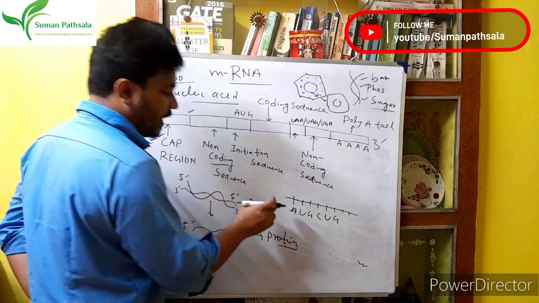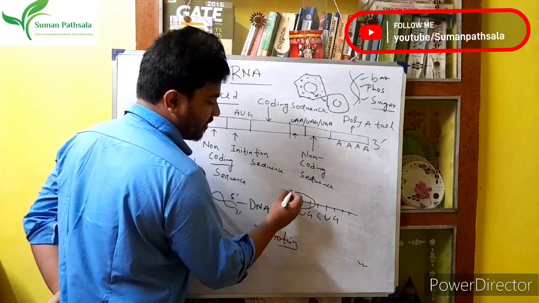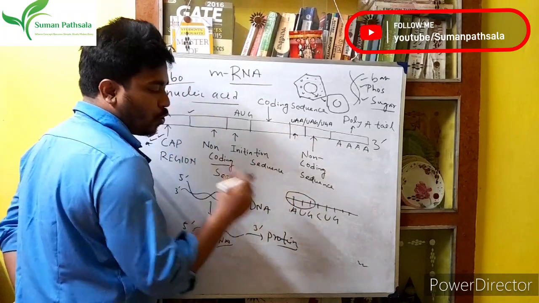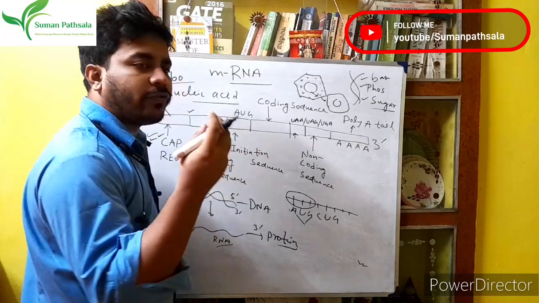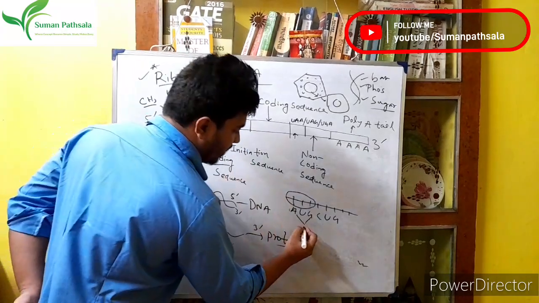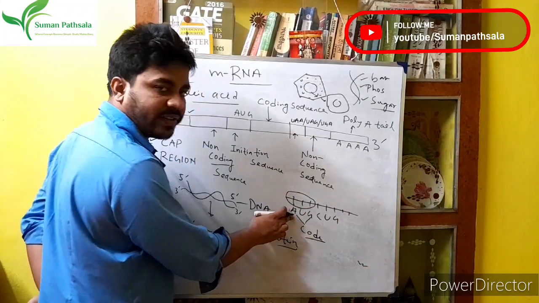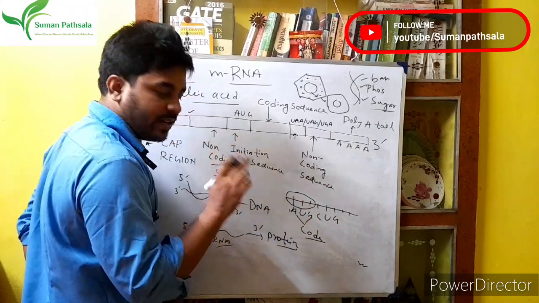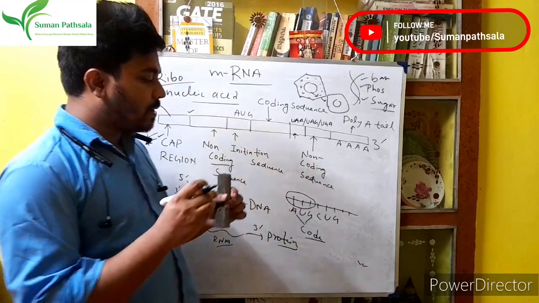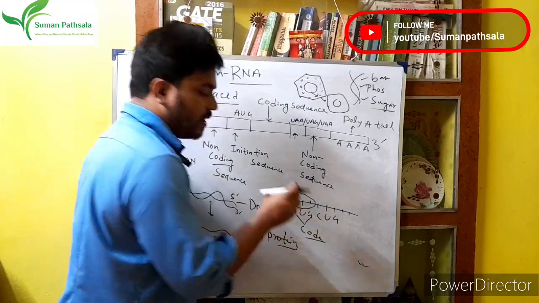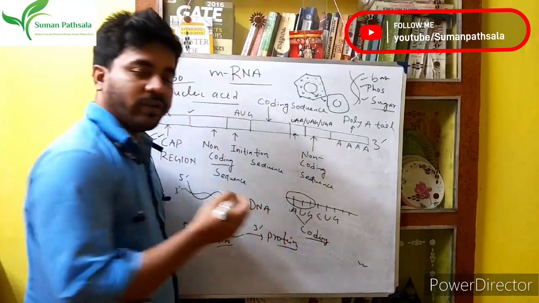Here, suppose these are three bases. So three bases consist to form a character, and that's why it is called a code, or coding sequence. This is one type of sequence, right? So here three nucleotides are joined with each other to form a sequence, and that sequence is called the coding sequence.